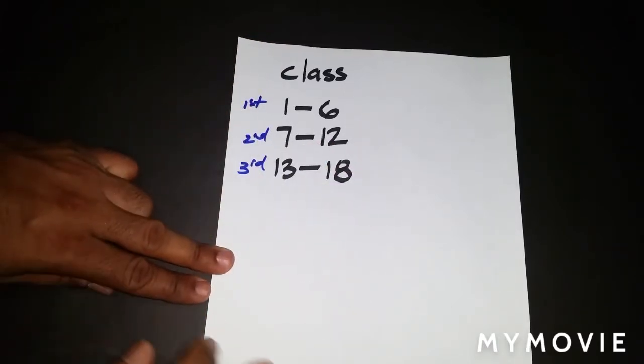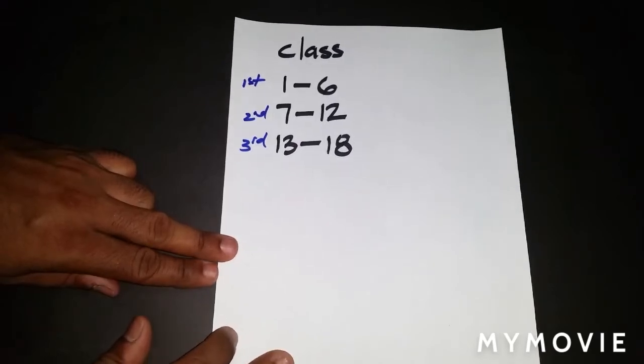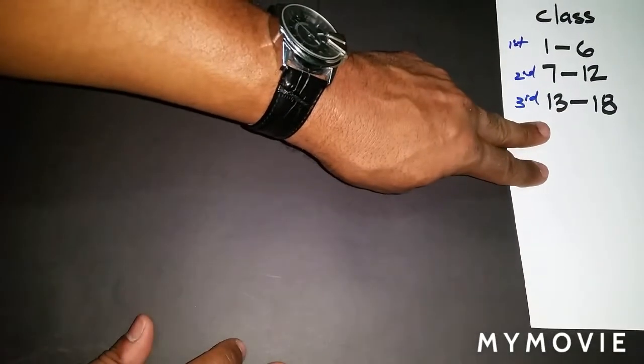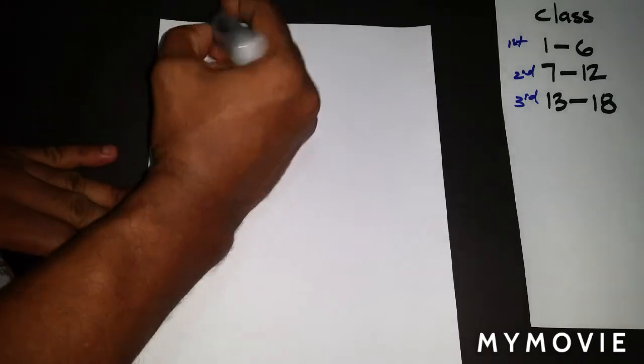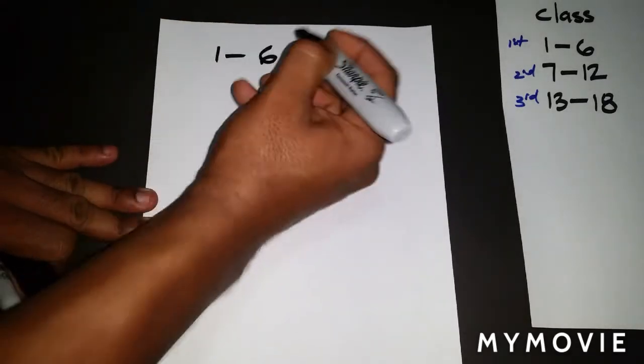Now, the first thing to note is that I'm just going to slide this over here so that we can make reference to it as many times as we want quickly. In the first class that we have, the first class is 1 to 6.